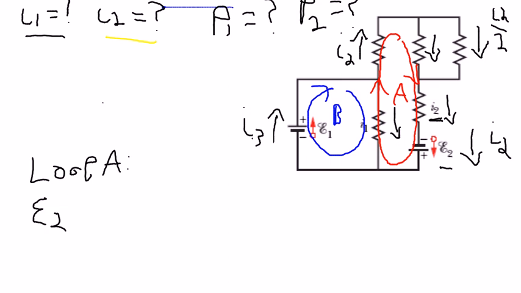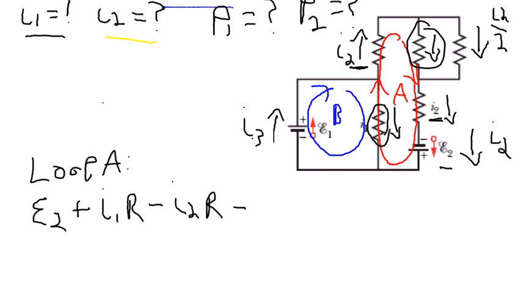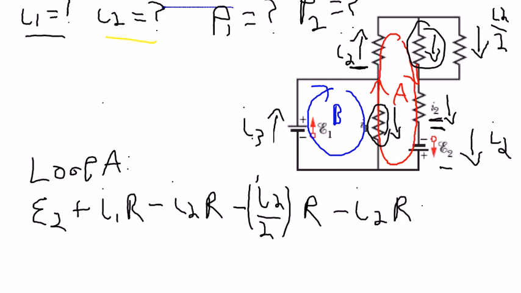Next we go through this resistor, moving in the opposite direction of the current, so that's positive I1 times R. Going through the next one up here, we have negative I2 times R. Then through this resistor, negative I2 over 2, as we established was the current through that resistor, multiplied by R. And lastly this resistor here, minus I2 times R, and that's all equal to 0.